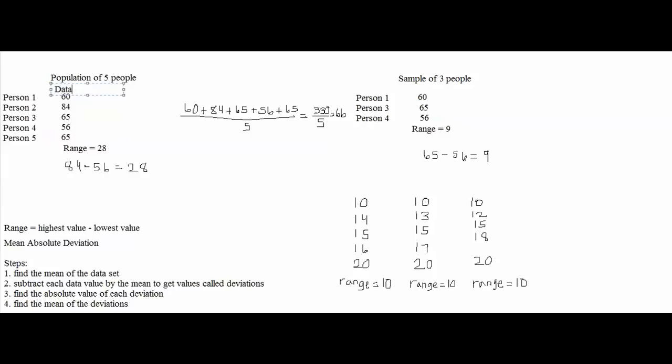Right here I'll write data, so we remember that this is the set of data. Right now we're going to subtract each number, or each data value, by the mean of 66. Maybe I'll move this down a little bit.